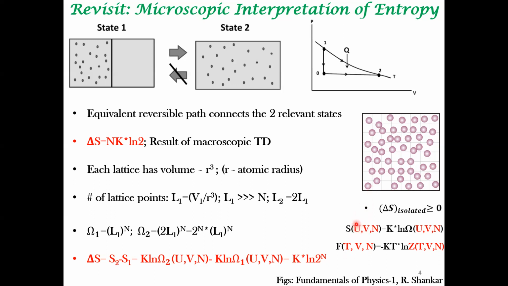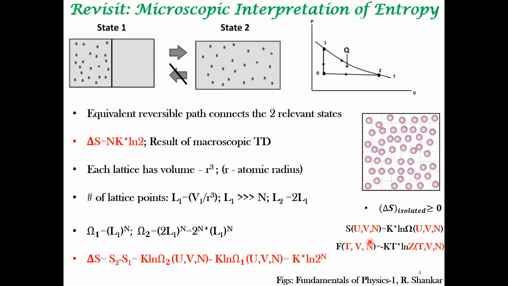Okay, so T is a measure of average U in each degree of freedom. But when you control fixed T, the total internal energy can fluctuate. Okay, so again, this is called the partition function, and it can be interpreted as average degeneracy of a system.